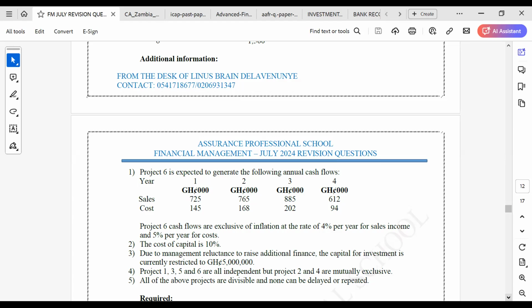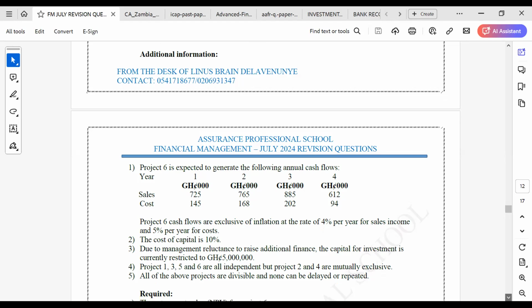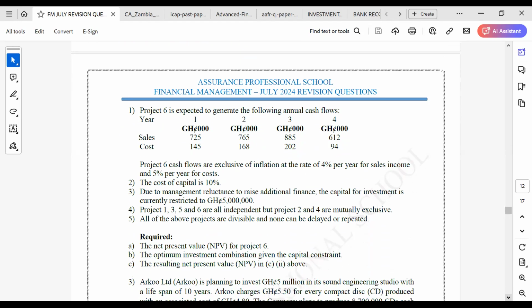The capital for investment is currently restricted to 500 million. Projects 1, 3, 5, and 6 are all independent, while projects 2 and 4 are mutually exclusive. All of the above projects are divisible and none can be delayed or repeated. Required: the NPV for project 6, the optimum investment combination given the capital constraint, and the resulting net present value.